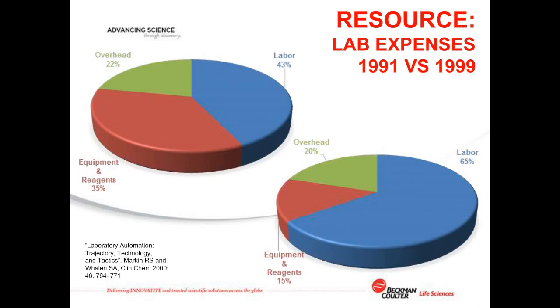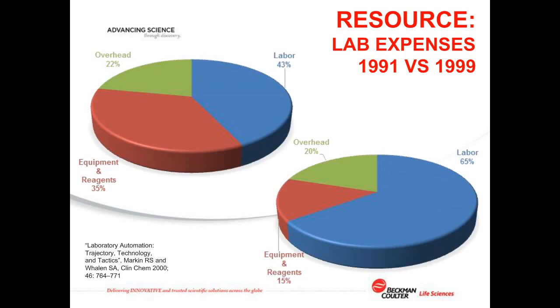A laboratory-developed test almost always has a higher labor component. Reagents may be more expensive, but relatively speaking, the labor component will also be very high. So in 1991, these were kind of equal, labor and reagents. We have overhead here, but people were spending a little bit more on labor, but not an enormously larger amount.